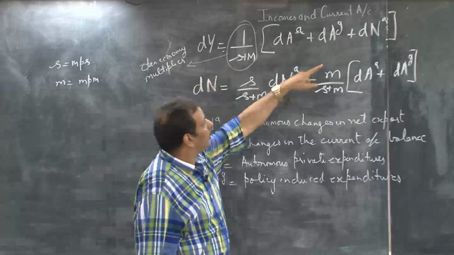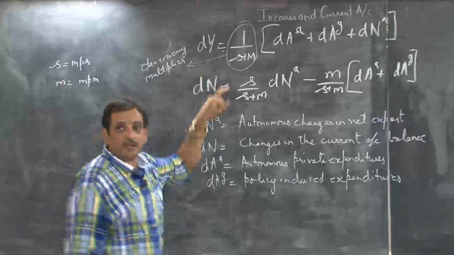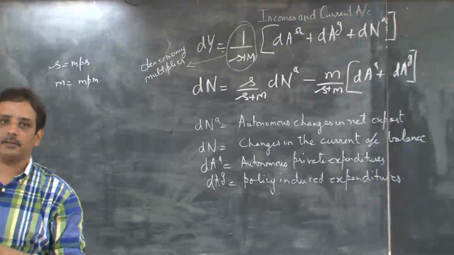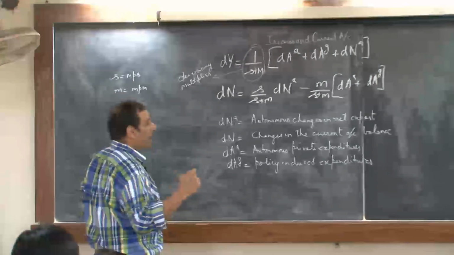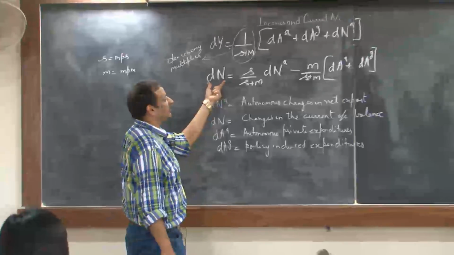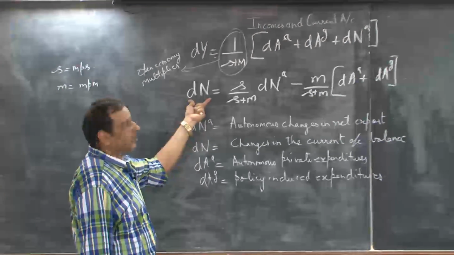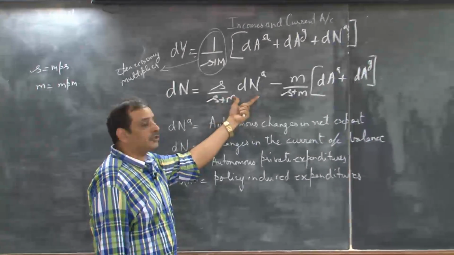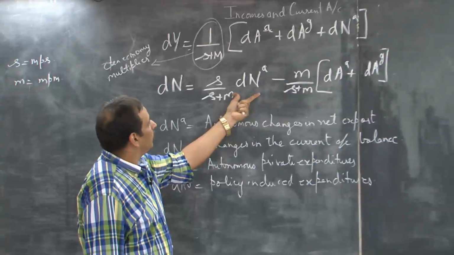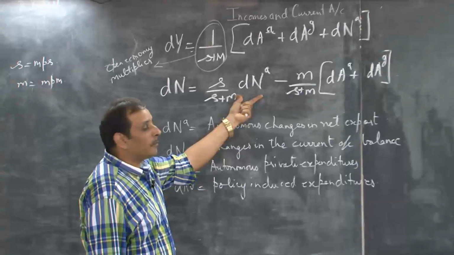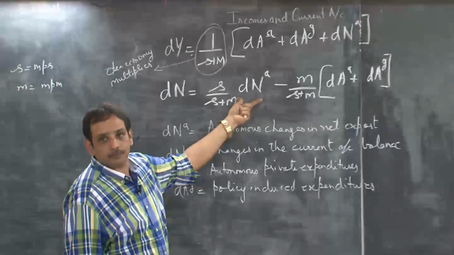So, whatever is the impact on the incomes, and through incomes there is a change in the imports, it's still not able to wipe out the surplus which is created by the shift of expenditures from foreign to domestic goods.